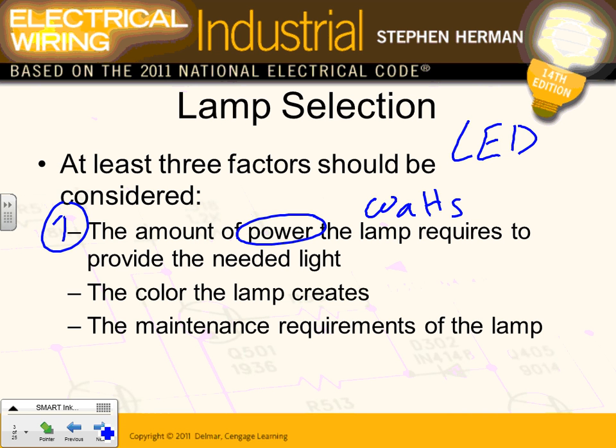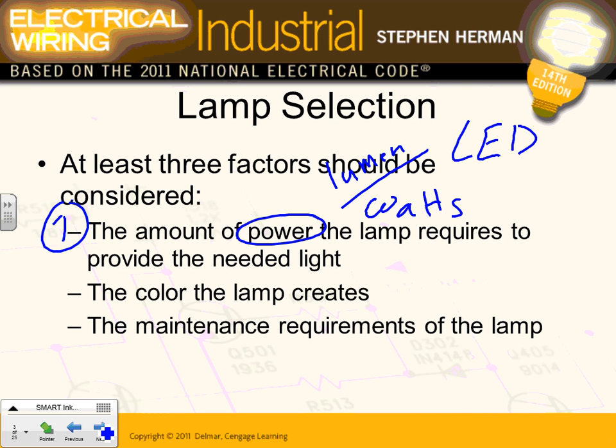How efficiently the watts provide the needed light. The watts, the lumens, they call them lumens per watt. The efficiency, or the efficacy, of your fixture. That's a big deal. That's why we picked LEDs, because they're very efficient. They give you a lot of light for a little amount of power. So they're energy efficient, and so forth.